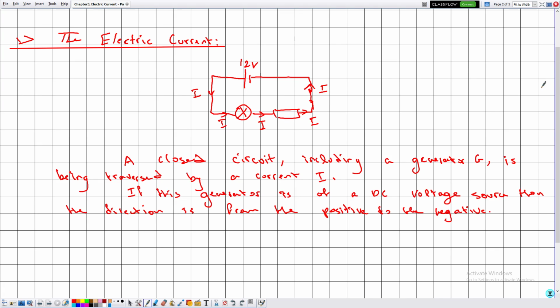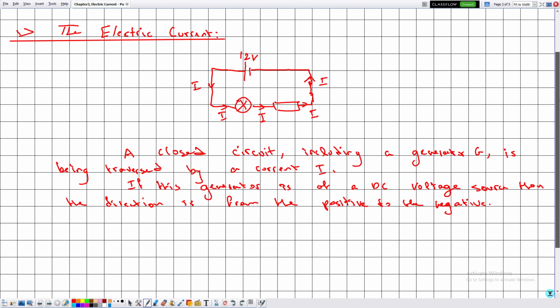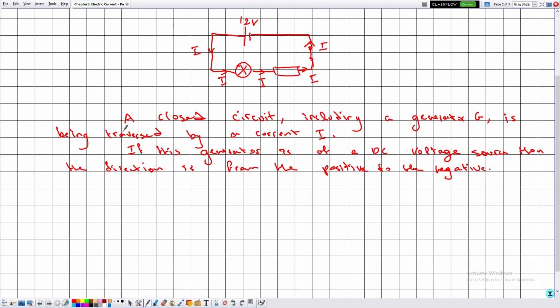Okay, so this is it for the electric current in a closed circuit. Now let me make also the following note. So this is idea number 1, and let's say idea number 2.